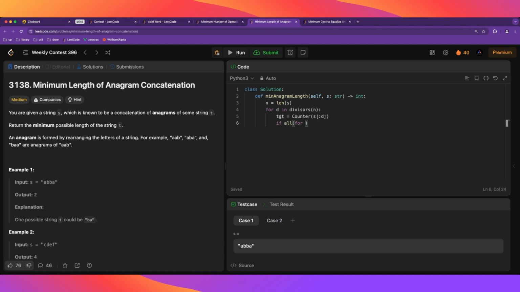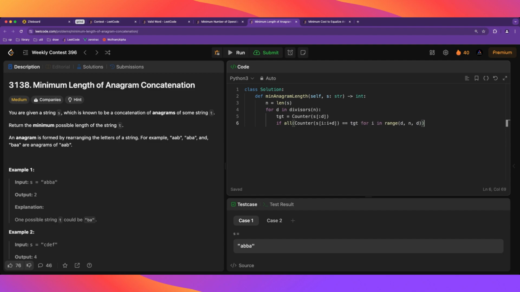So here we want to go over, so let's say we have this, and first we start at d this time, and the step is d, and we want again to create a counter of s starting from i and ending at i plus d, and we want to check if it is equal to the target.